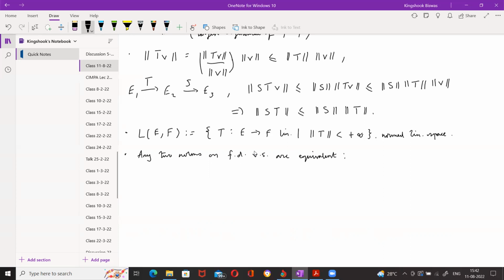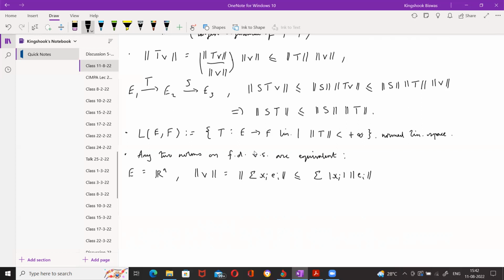And so this is easy to prove. Take your vector space E to be, without loss of generality, Rn, and then you're given some norm. So the first thing is, if I take the norm of a vector V, which I write with respect to the standard basis as summation xi ei, then by the triangle inequality, this is less than or equal to the sum of mod xi times norm ei.